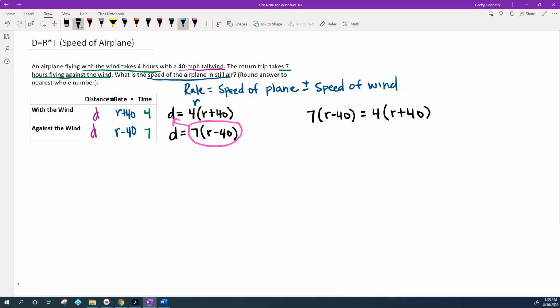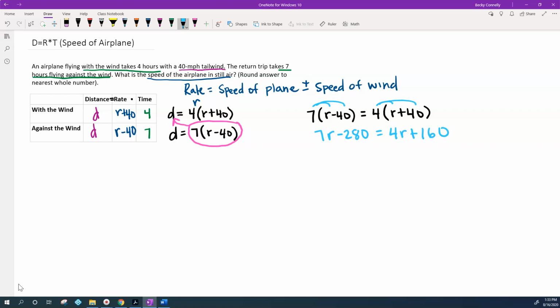All right, let's go ahead and distribute through and clear those parentheses. When I do that, I have 7R minus 280 equals 4R plus 160.